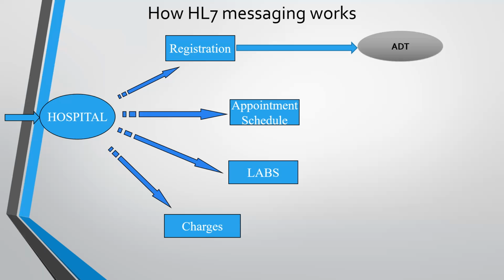Any event pertaining to admit, discharge, or transfer will be represented with this name, ADT. If you look at appointment scheduling, it will be represented with an acronym called SIU. SIU stands for scheduling information unsolicited.